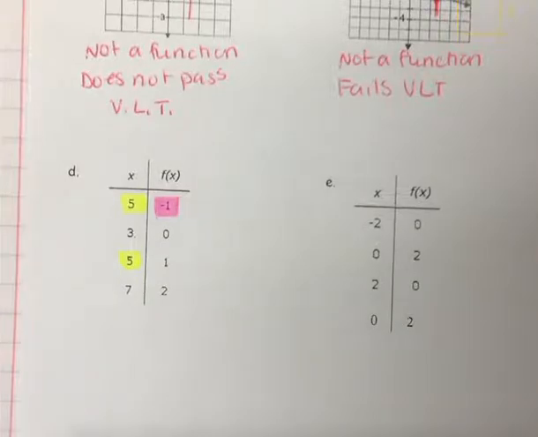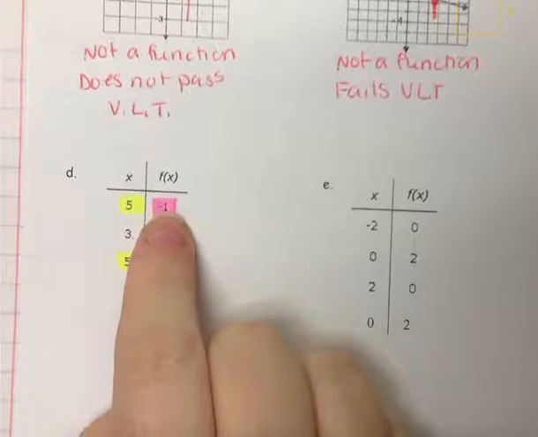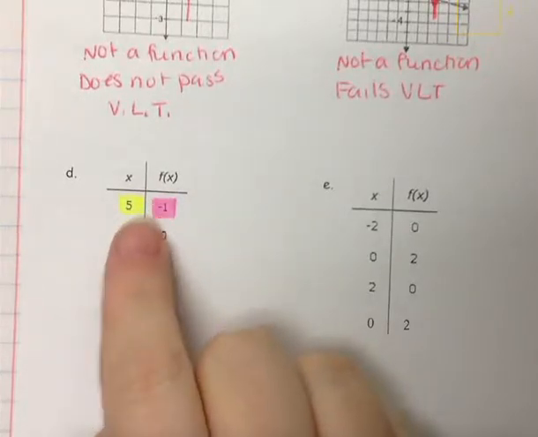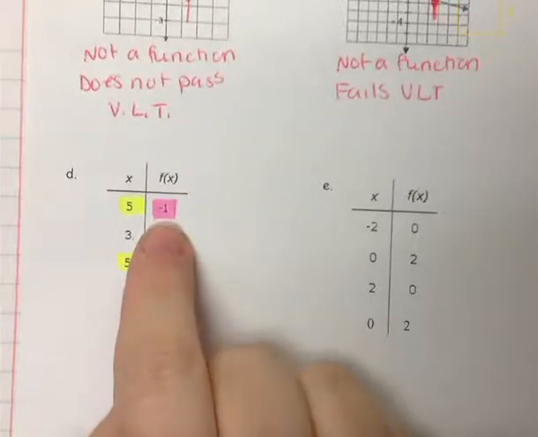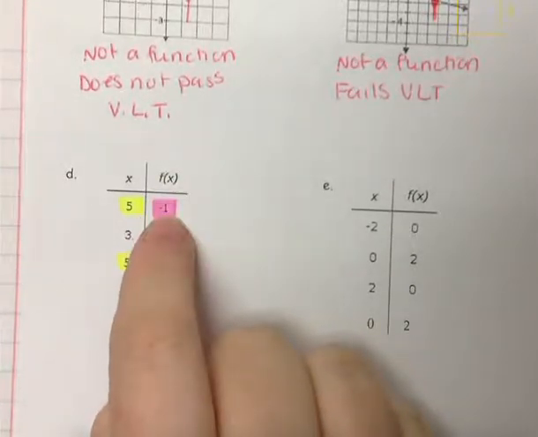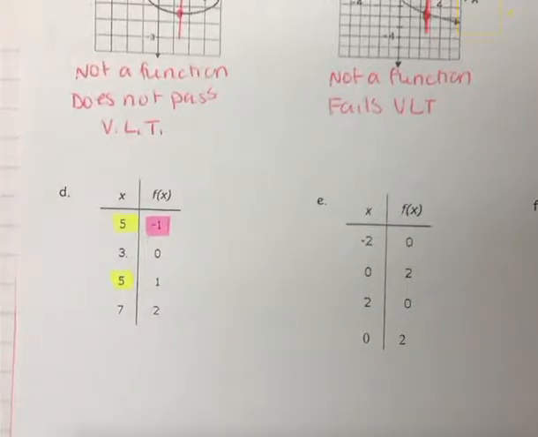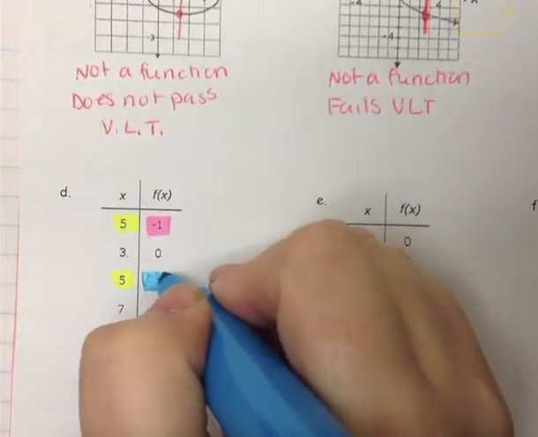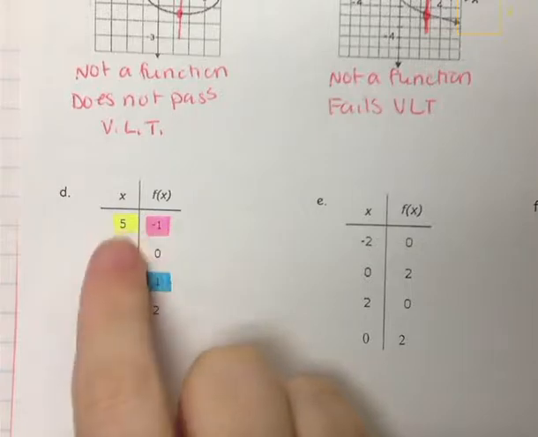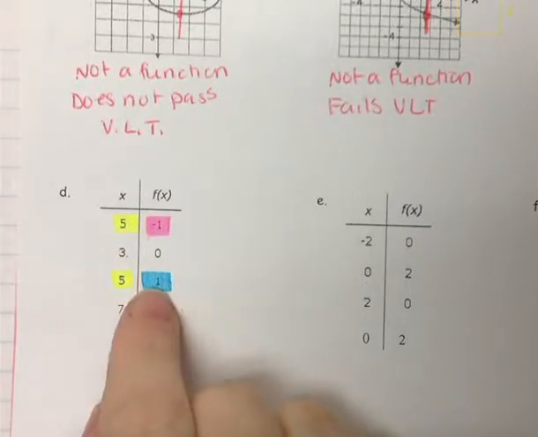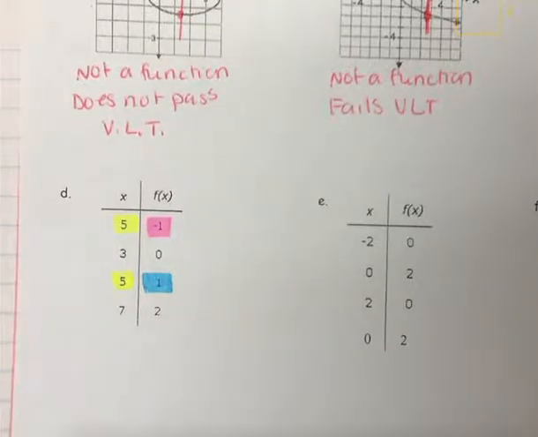So I'm going to highlight that in pink because that yellow 5 and that pink -1 go together. On the other yellow 5, I want to look at that y value and see if I can highlight it in pink as well. Pink was the -1. This y value is a +1. That is not the same. I cannot highlight it in the same color. Because these values do not match up 100%, this x value of 5 has two different y values.